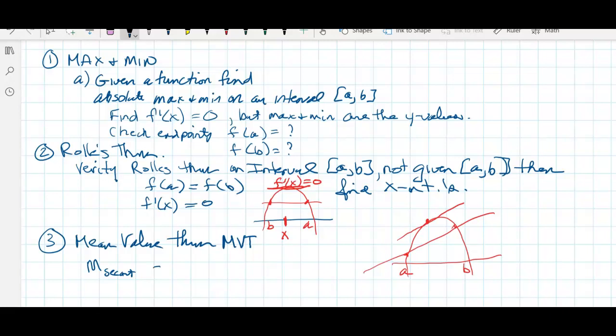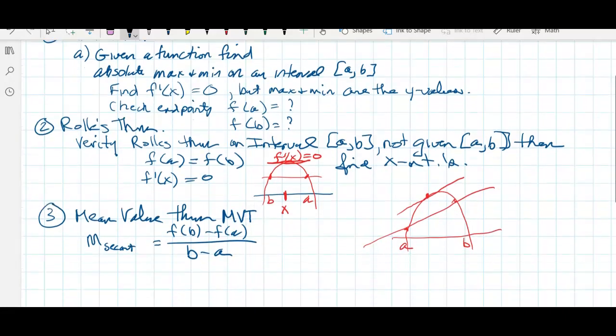So m of the secant line is going to be f of b minus f of a over b minus a. It's just slope, change in y over change in x. That is just your slope formula, using a's and b's and f of a's and f of b's.